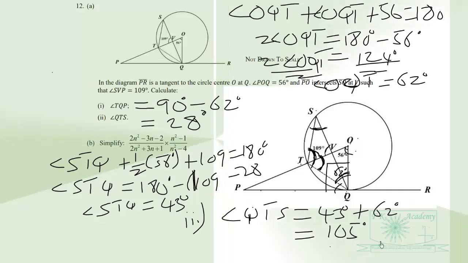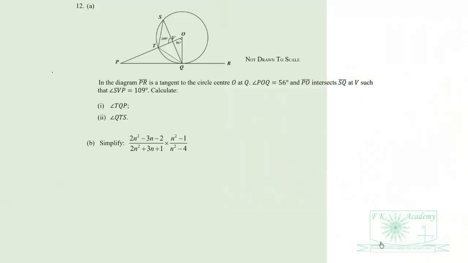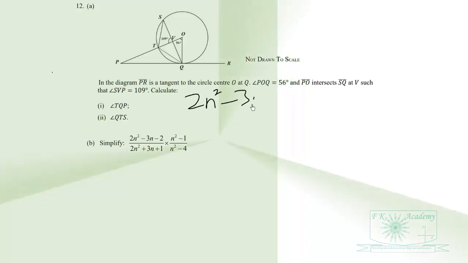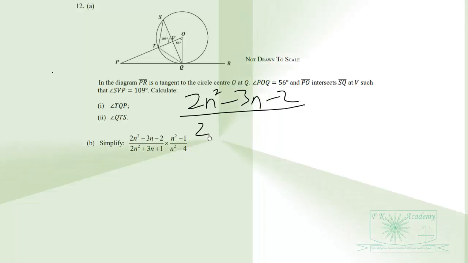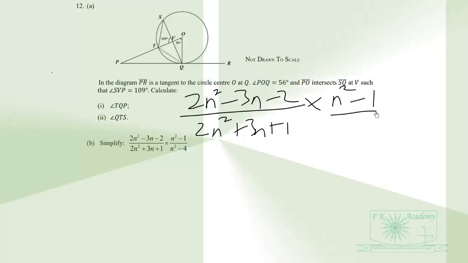Now let's look at question B, the B part of the question. We are supposed to simplify 2n squared minus 3n minus 2 all over 2n squared plus 3n plus 1, times n squared minus 1 over n squared minus 4.